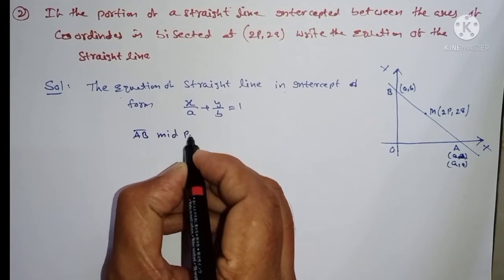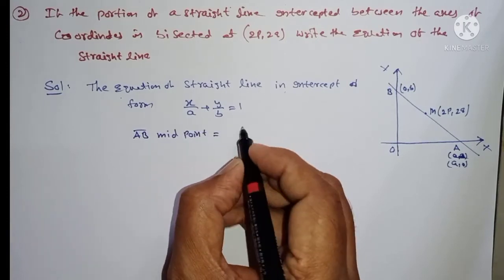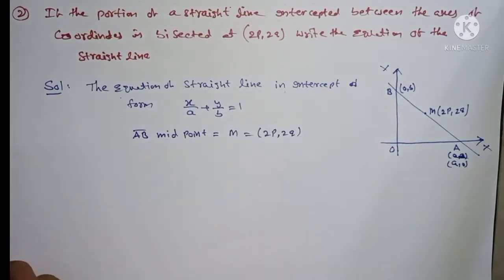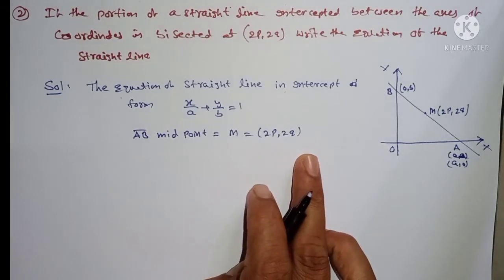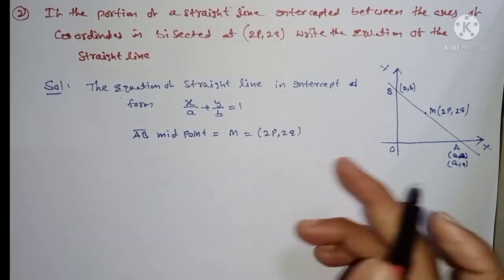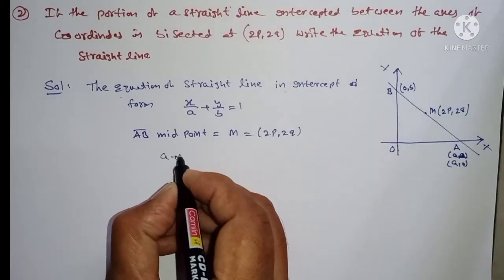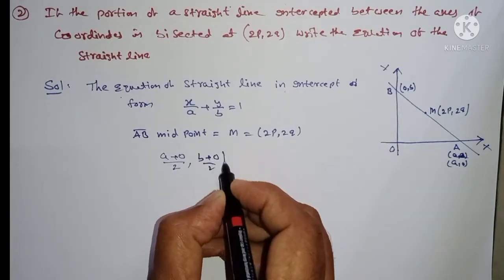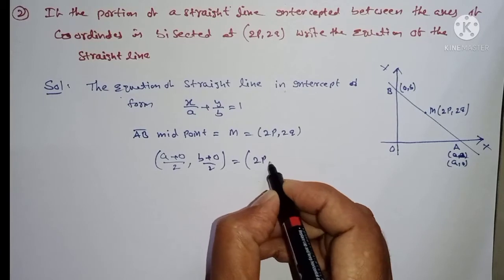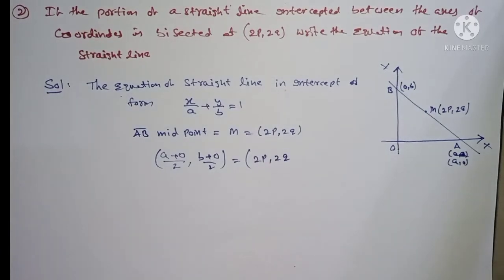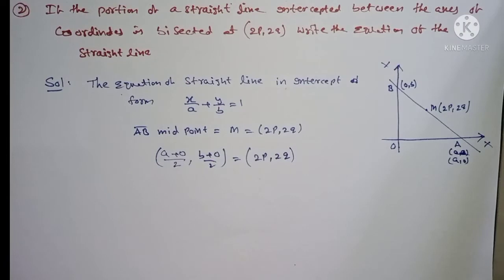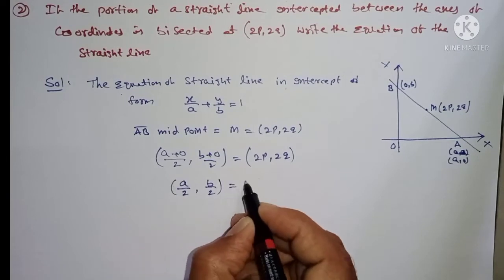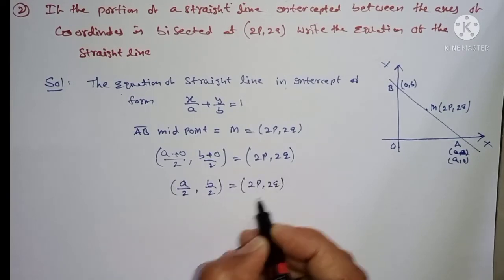The midpoint of AB is M, which is given as 2p comma 2q. Therefore, the midpoint of AB you can write as (a plus 0) by 2 comma (b plus 0) by 2 is equal to (2p, 2q). This is nothing but a by 2 comma b by 2 is equal to 2p comma 2q.